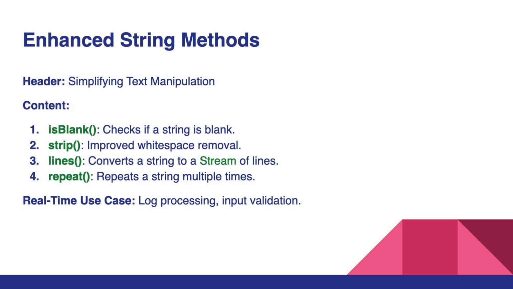Unlike the trim method, it handles Unicode spaces efficiently, making it indispensable for processing internationalized content. Or the lines method, which converts a multi-line string into a stream of lines, perfect for log processing or text file parsing.